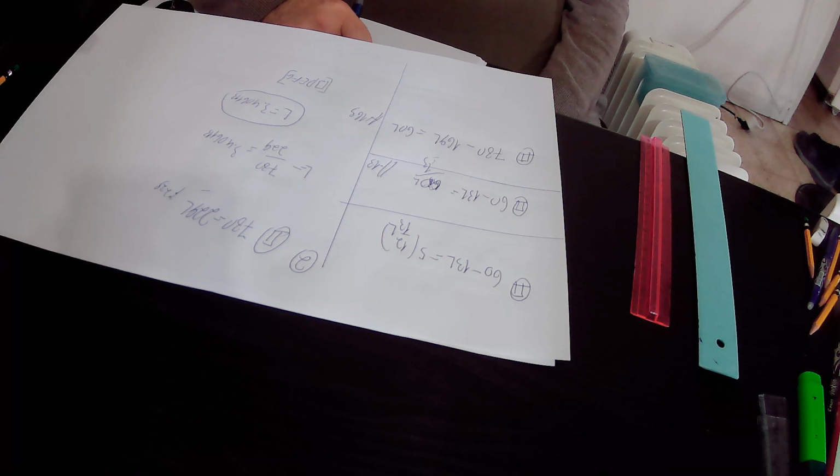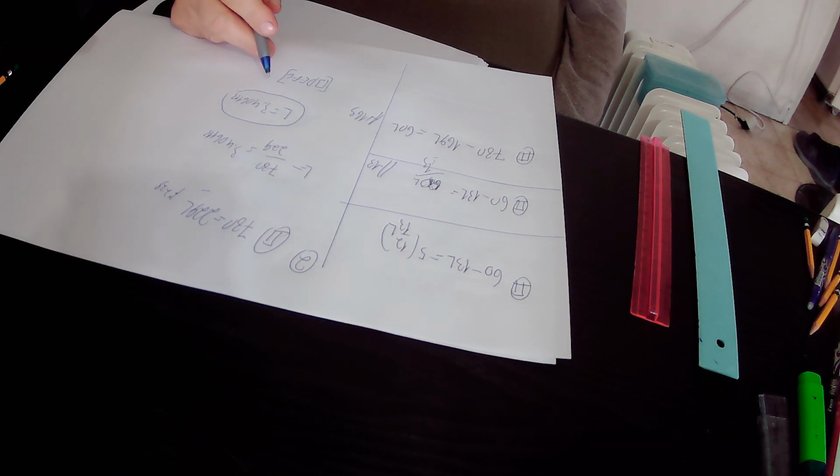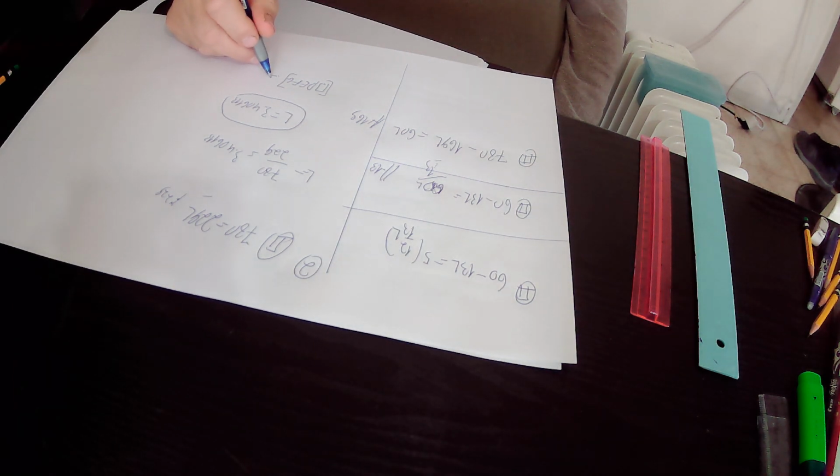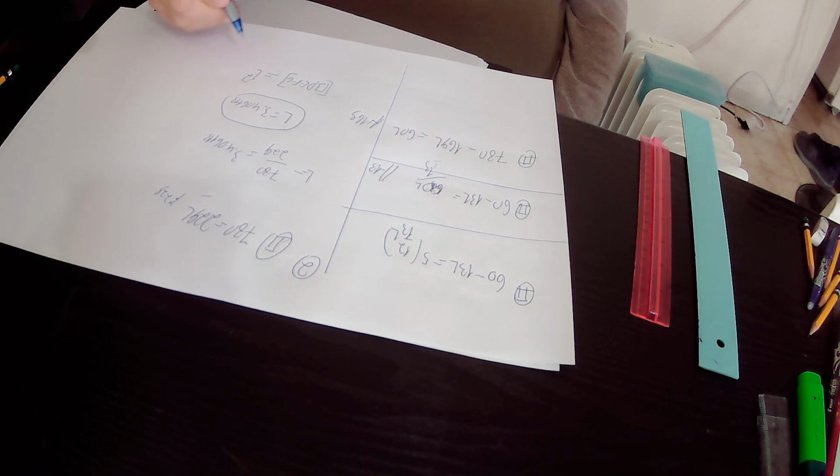The area of any square is equal to the length of one side squared. The length of one side in our square DEFG is L, and therefore the area will be equal to L squared.